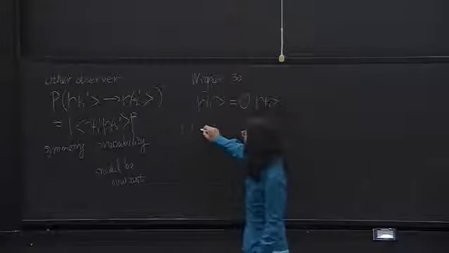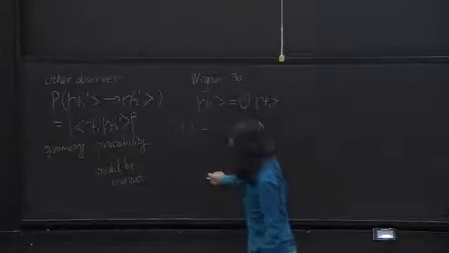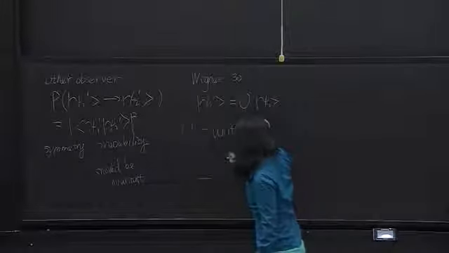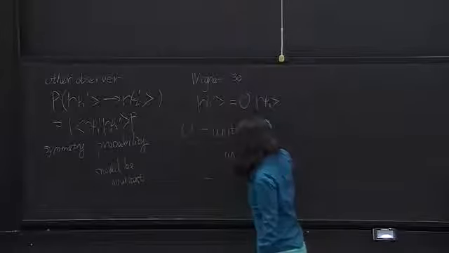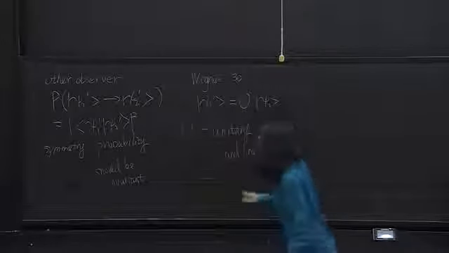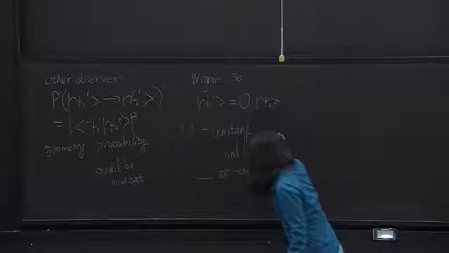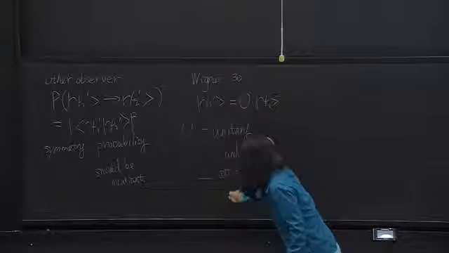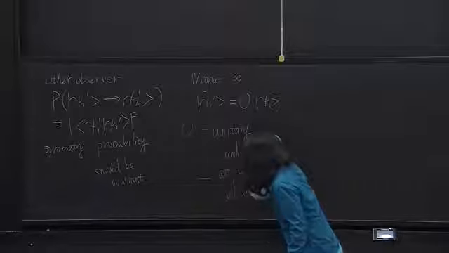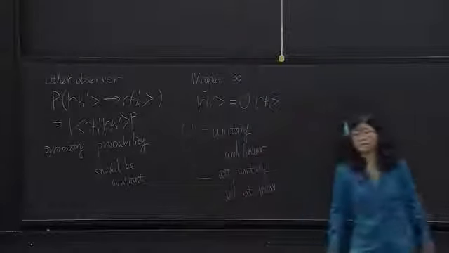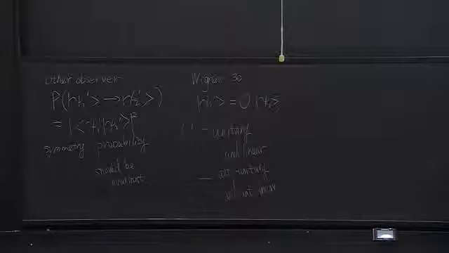The operator can either be unitary and linear, or anti-unitary and antilinear. Okay, that's just what he proved.